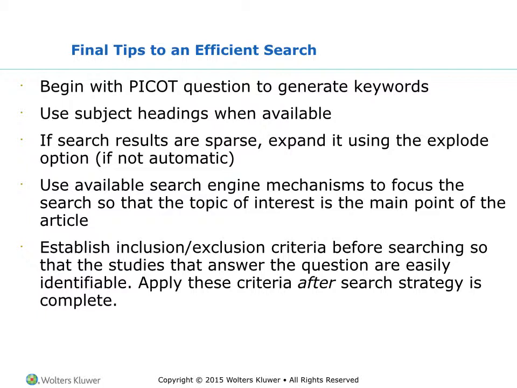Someone was asking about flu vaccine. Flu vaccine is an important issue in this particular part of the country, but isn't necessarily as big of an issue in other parts of the country. They don't experience a flu season like we do. So sometimes geographic location you want to use as an inclusion or exclusion criteria.